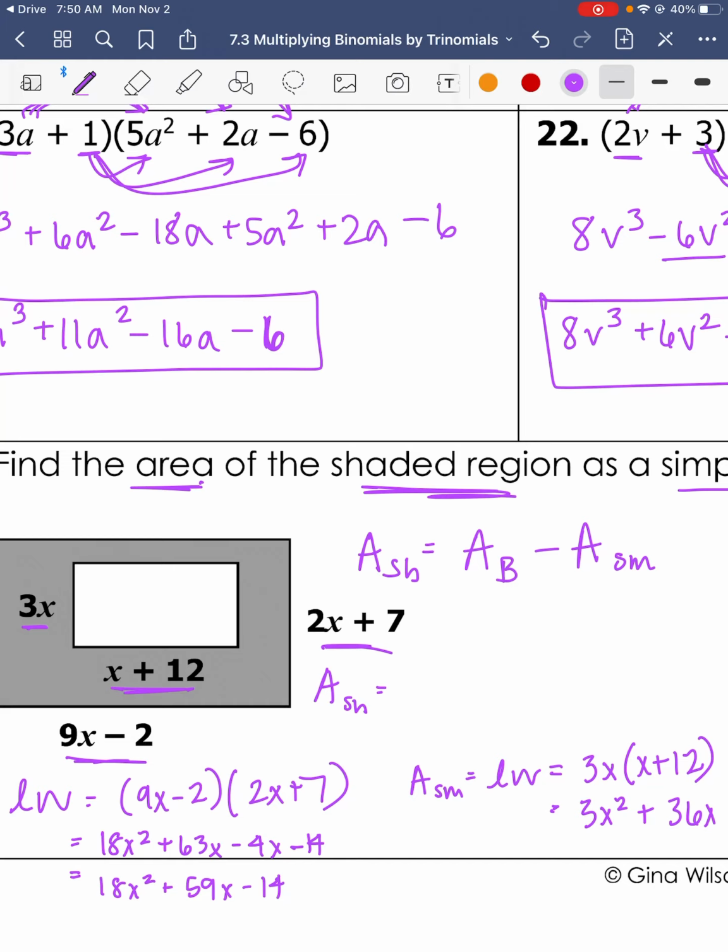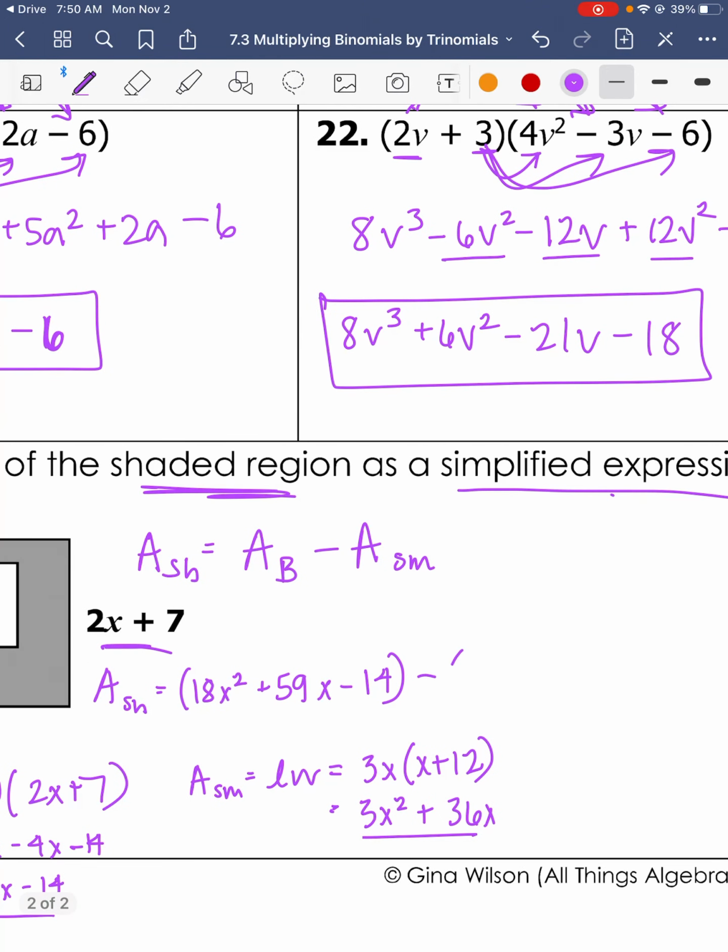And then we're going to take the area of the big minus the area of the small. So the area of the shaded region is going to be 18x squared plus 59x minus 14, and we're going to subtract the area of the smaller one, which is going to be 3x squared plus 36x.